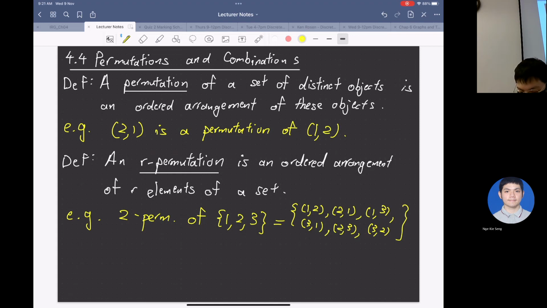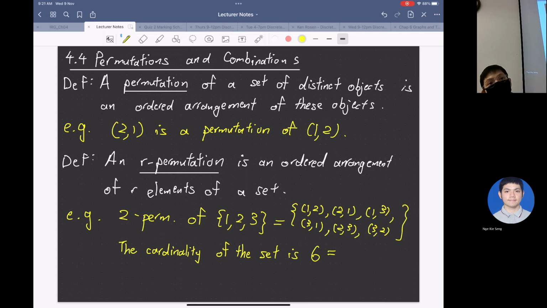So in this case, what's the cardinality of the set? It's 6, right? Can you come up with a way to count it?